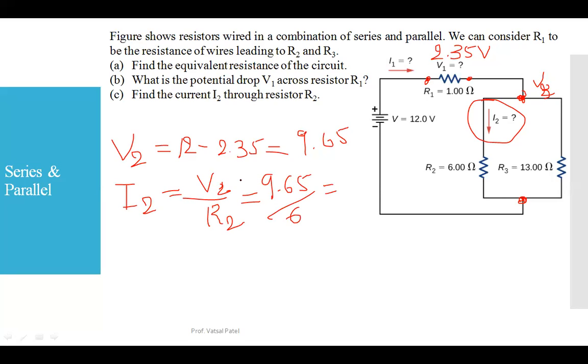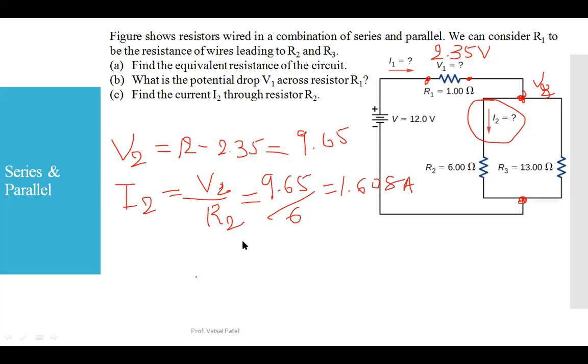What is I2? Can we say it is 1 point something, the answer you are getting? Yes, it is 1.608. Yes, exactly.